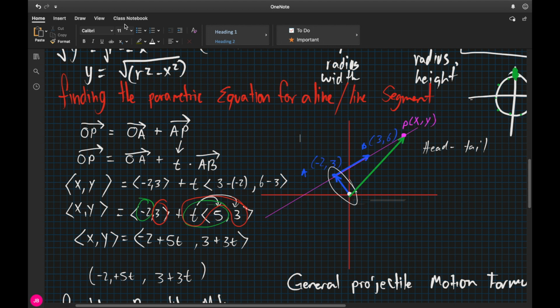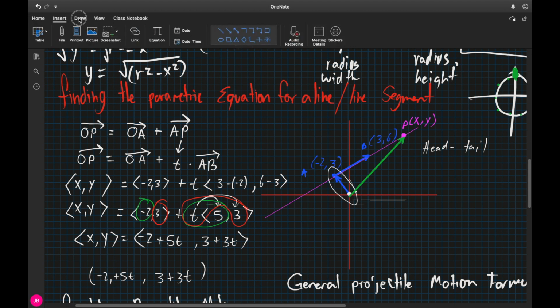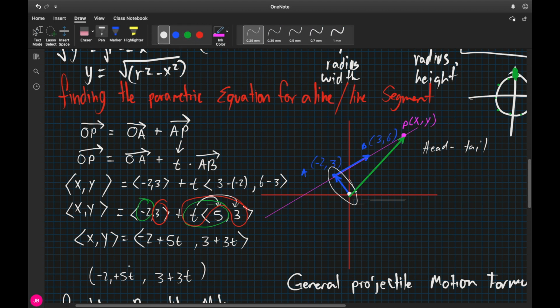And when we graph it into a calculator, it's going to basically generate every single point, and so it's not going to matter. And to prove this to you guys, we're going to go ahead and show you what happens if you plug in a value into this right here. For example, let's say I plugged in the value 0. So t is equal to 0.